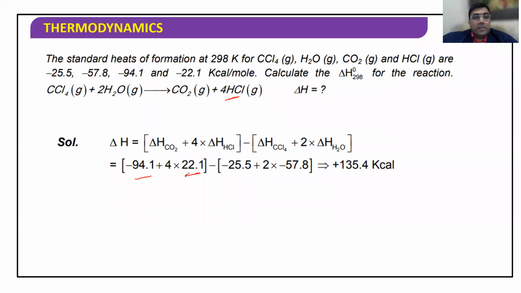HCl is given as 22.1, so the reactants are over. Next, minus the products. Heat of formation of CCl4 is minus 25.5. It's an exothermic reaction. Heat of formation of water is minus 57.8, and 2 into that because 2 moles are given here. So you'll be getting plus 135.8. So the net reaction is endothermic in nature. Are you clear or not?